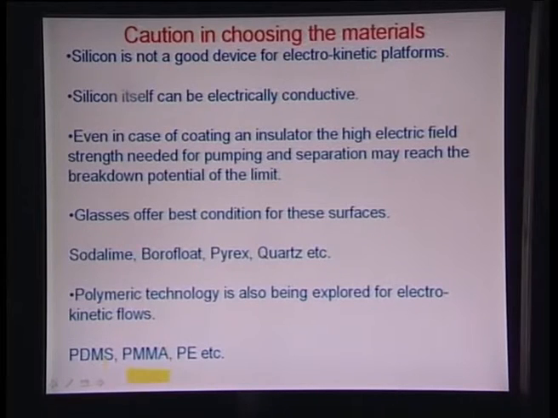So, there has to be a certain caution in choosing materials, especially for the electrokinetic applications. Silicon particularly is not really a good device for electrokinetic platforms, because silicon itself can be electrically conducting depending on whether it has dopant material.